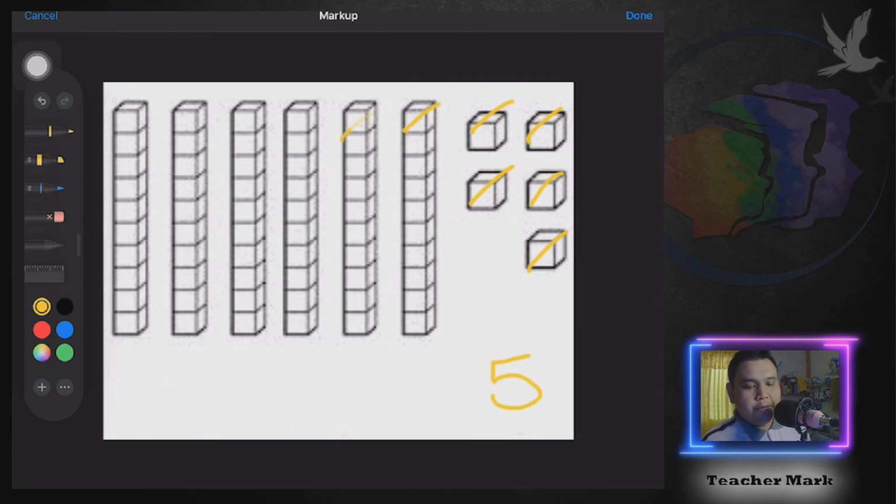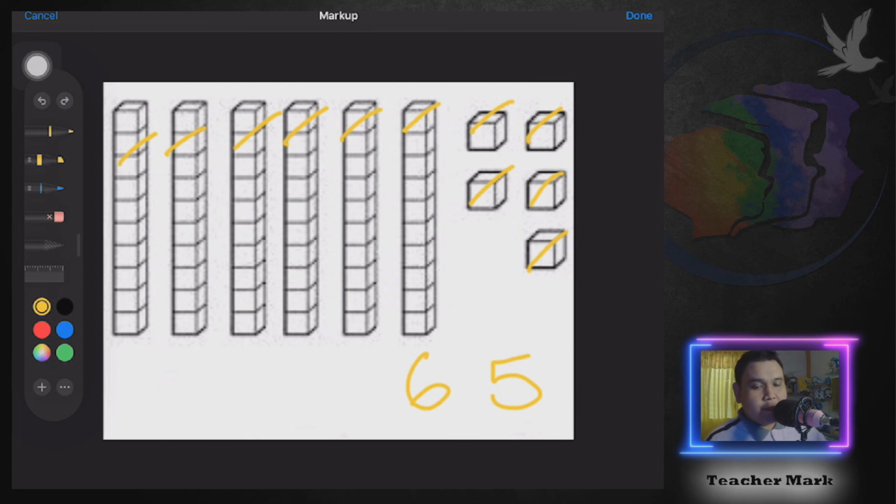We have 1, 2, 3, 4, 5, 6 units of tens. So that's equivalent to 60. Since we don't have any units for hundreds, that's just equivalent to 0. But in this case, you don't have to put a 0 there unless there is a number to be placed there. So which means we only have a total of 65.